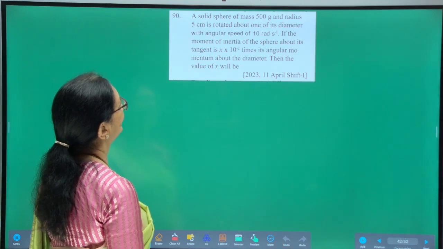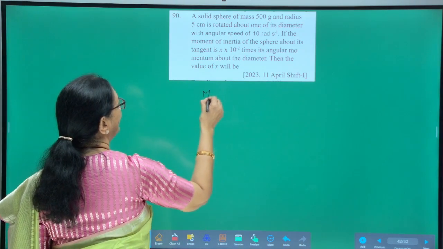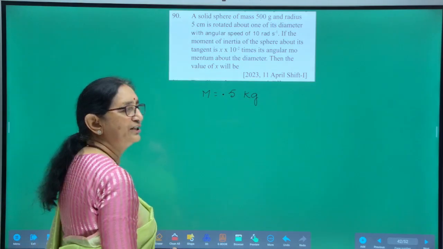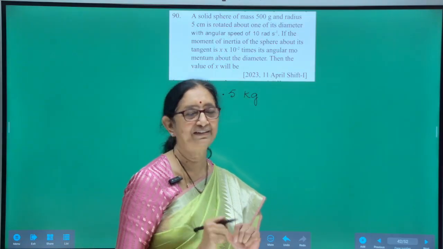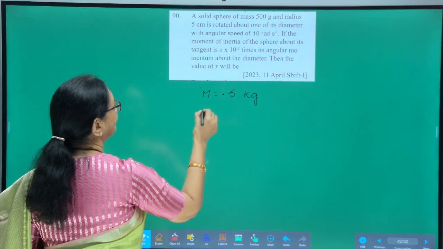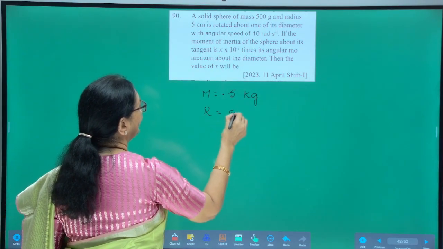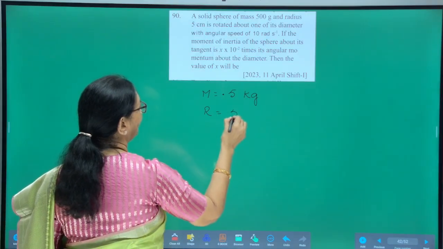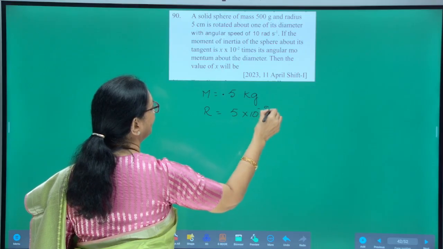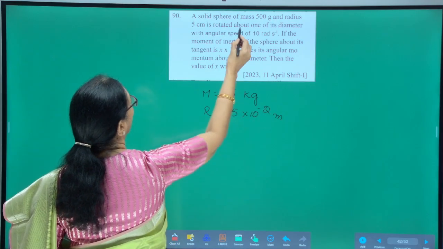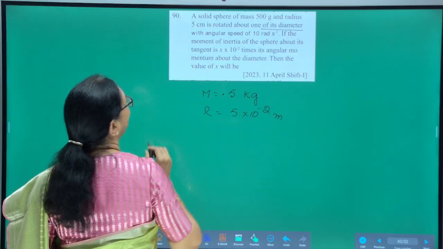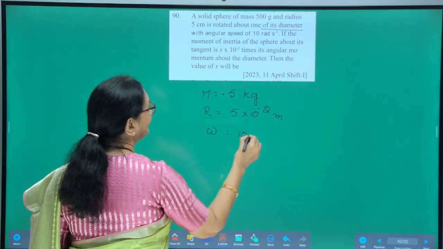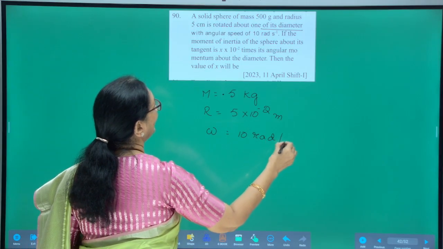A solid sphere of mass 500 grams. Mass is given as 500 grams. If you convert that into kg, it is 0.5 kg. And its radius is 5 centimeters. So, radius is 5 centimeters, isn't it? So, here it is 5 into 10 to the power of minus 2 meters, rotated about one of its diameters, okay, with an angular velocity 10 radian per second.